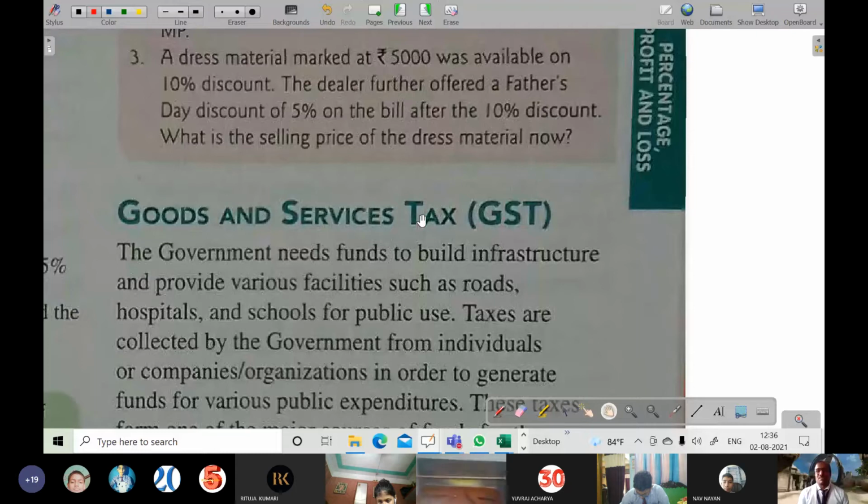The dealer further offered a Father's Day discount of 5% more on the bill after the 10% discount. Okay, after 10% discount, again 5% discount. What is the selling price of the dress material now?